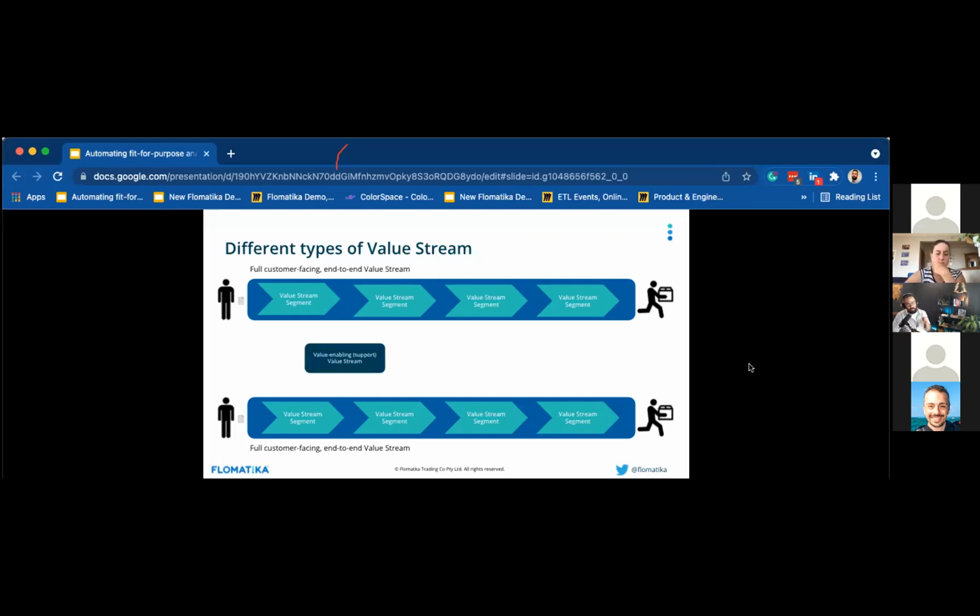And then there's the third way, which is the value-enabling or supporting value streams. Supporting value streams usually provide deep expertise to value stream segments. They're not interacting with the end customer, but they are supporting the segments to get their work done.